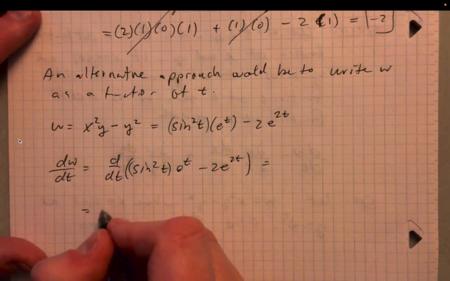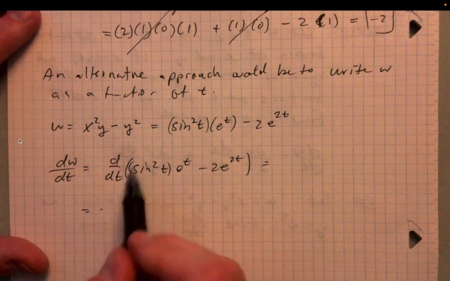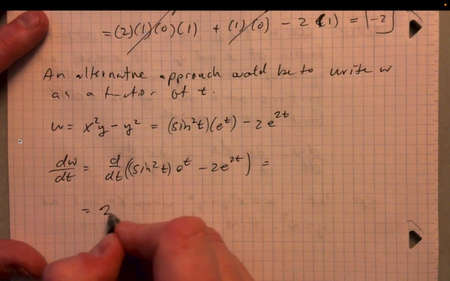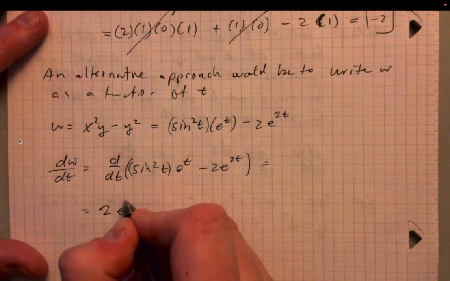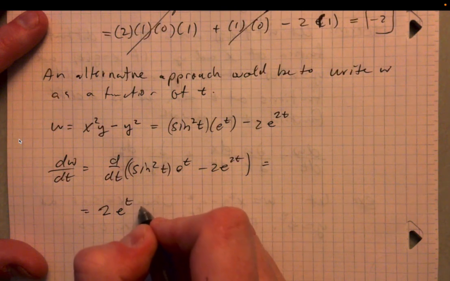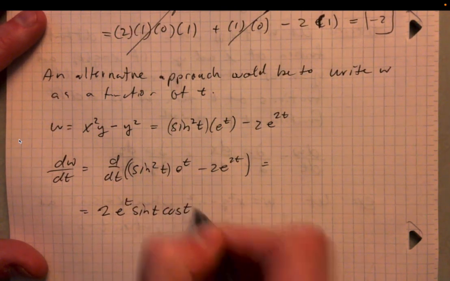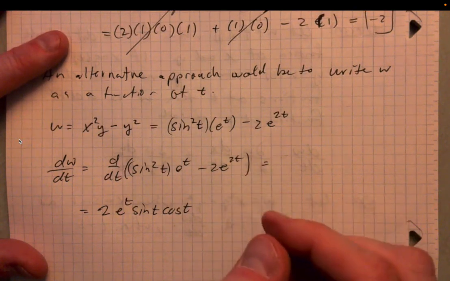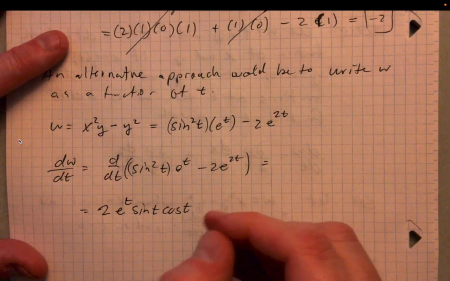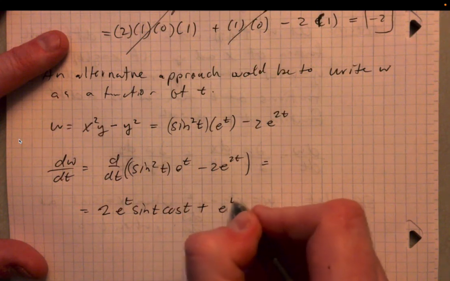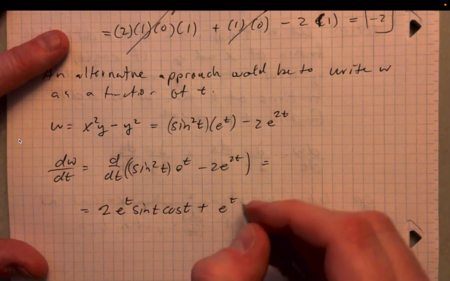And so what do we get? So differentiating the sine part first, you'd get 2e to the t sine t cos t plus e to the t sine squared t.